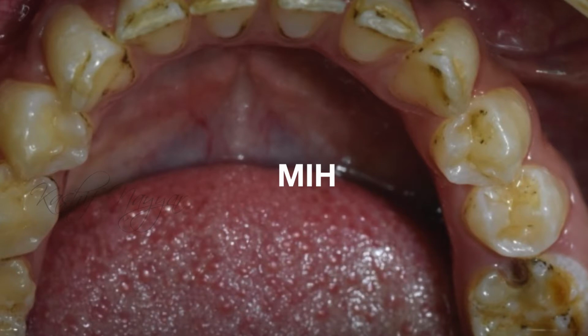So these MIH patients have high protein content in their enamel and have different proteins as compared to the normal individual. So they go through rapid breakdown, also known as pre-eruptive breakdown. Soon after they erupt in the oral cavity, the enamel starts disrupting and the outer layer is gone, and the patient presents with sensitivity.